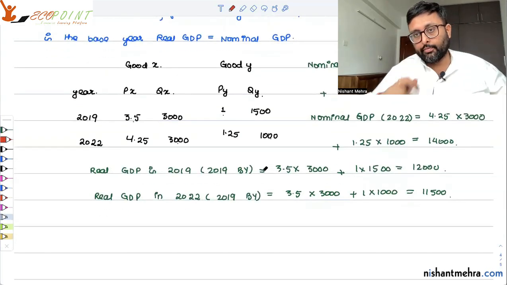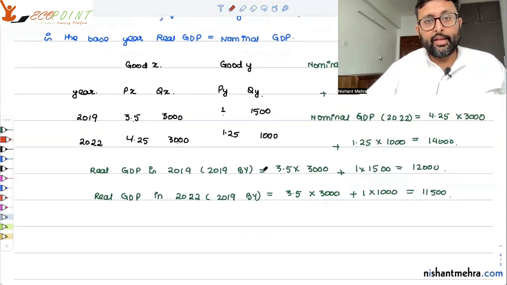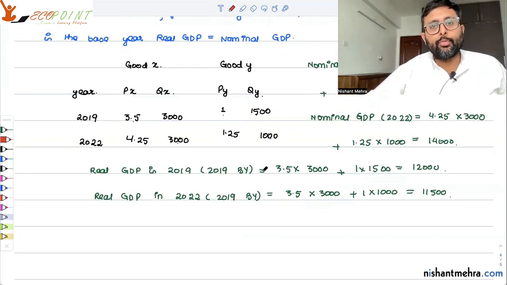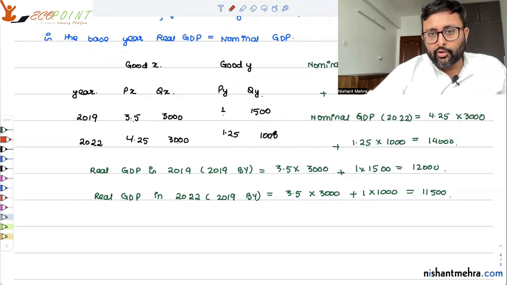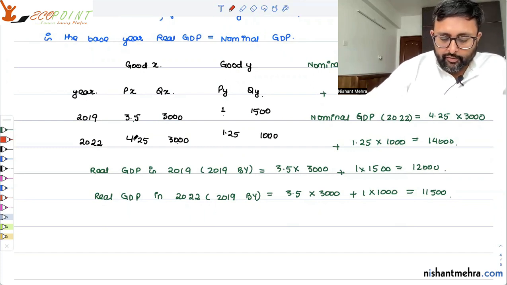So the point is that nominal GDP has increased from 12,000 to 14,000, but real GDP has fallen. So we should not be very happy just looking at nominal GDP, right? If you look at the quantities, the quantity of Y has decreased. The increase in nominal GDP is only because of the increase in prices, not because of an increase in quantity. The quantity has actually fallen.